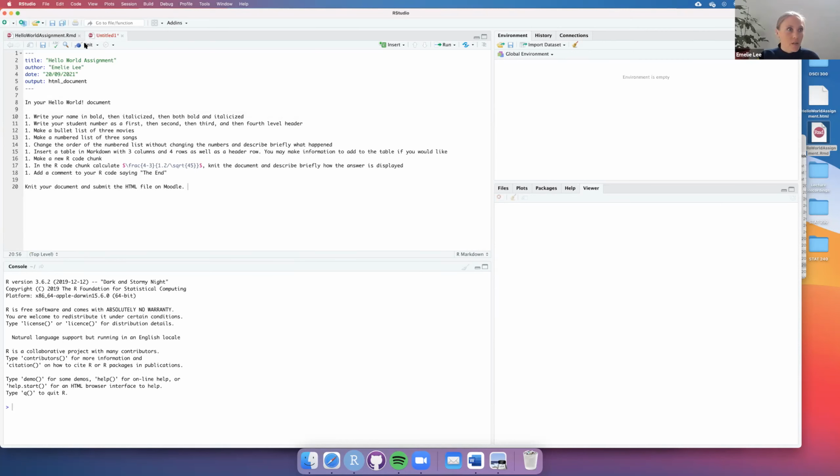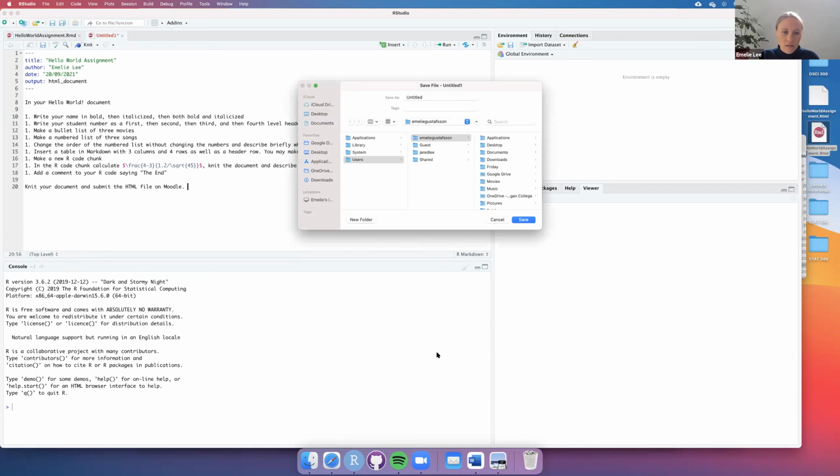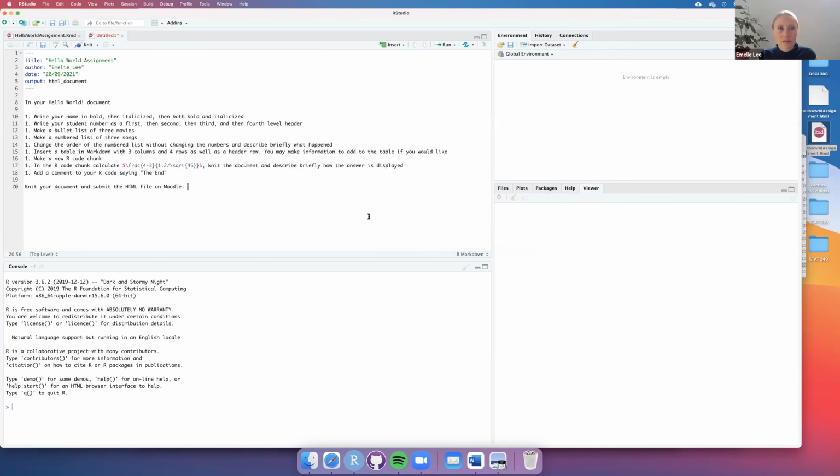So it should knit and you should see, oh, well, I haven't saved it. Once you save it, you'll be able to knit it and then you'll be good to go. And you don't have to keep this list in your submission. You can just answer those as you go.